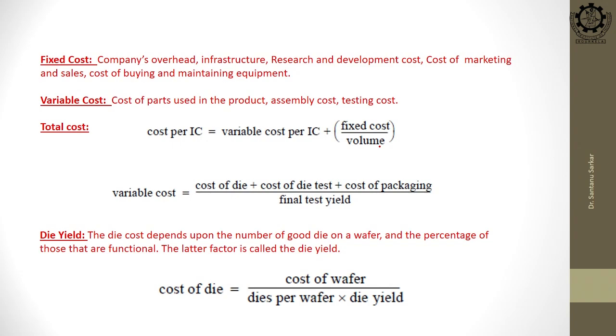Suppose you are fabricating say 10,000 ICs and 99.9% are successful. Obviously your cost will be less, since the total cost will be divided by that number of ICs. But suppose your device yield is 80%, obviously you have to manage with that much, so your cost per IC will go up.